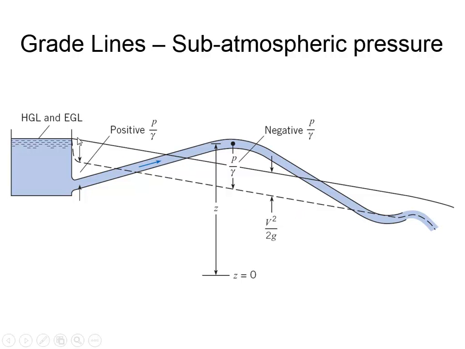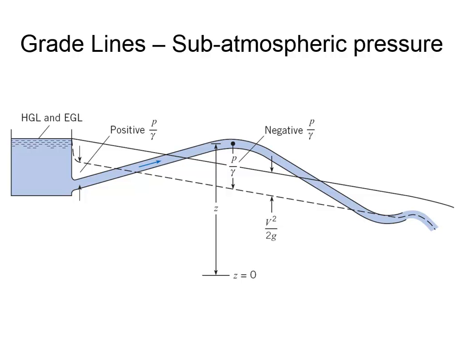And this is another illustration that shows that regardless of where the pipe is, the rate of energy loss due to pipe friction is constant. That's kind of interesting: if the physical location of the pipe is above the HGL, what that means is that you've got negative pressure inside of the pipe.